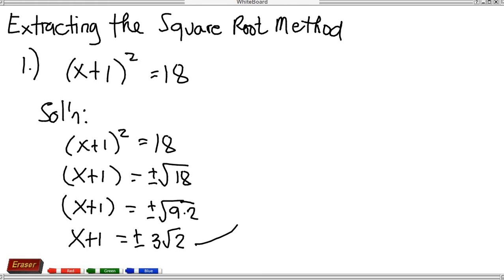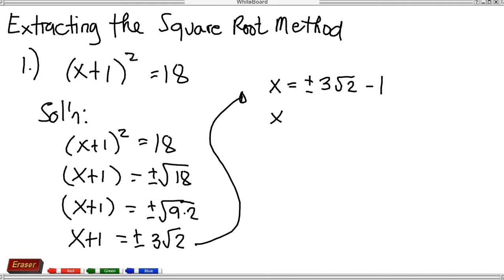Then we transpose the 1 to the other side. So we have x = ±3√2 − 1.